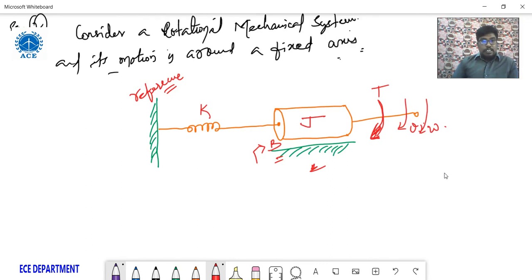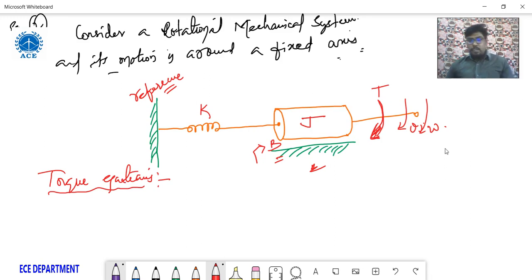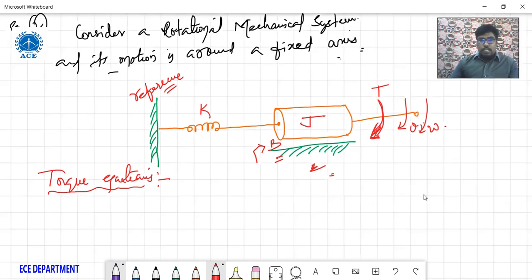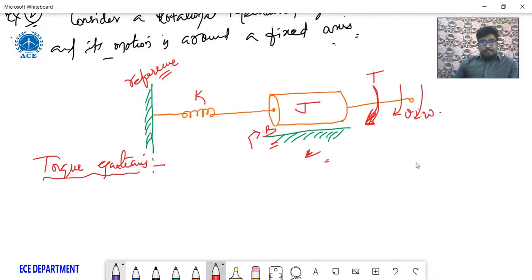Let us write the torque equations, in terms of velocity in this case. For a given rotational system, first of all, we need to draw a free body diagram. So let us draw a free body diagram before going to write a torque equation.